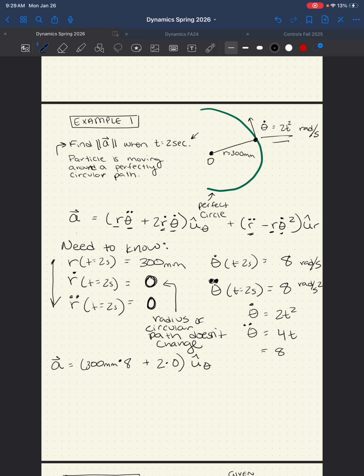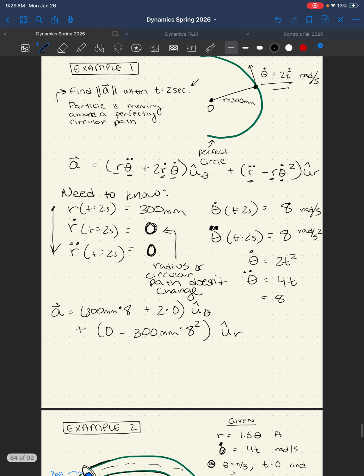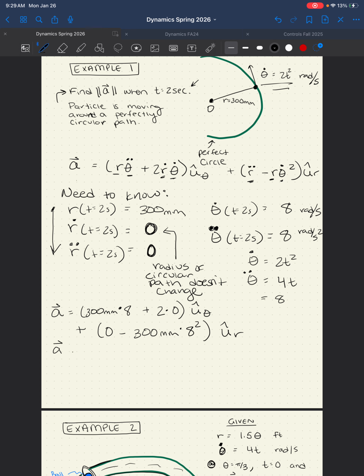This is u hat theta, plus r double dot, which is 0, minus r, which is 300 millimeters, theta dot, which is 8 squared, all in the u hat r direction. We should get that acceleration is equal to 2,400 u hat theta minus 19,200 u hat r, and this will be millimeters per second squared.